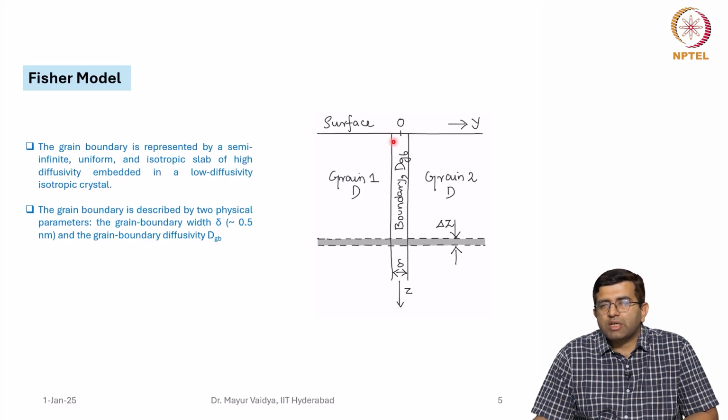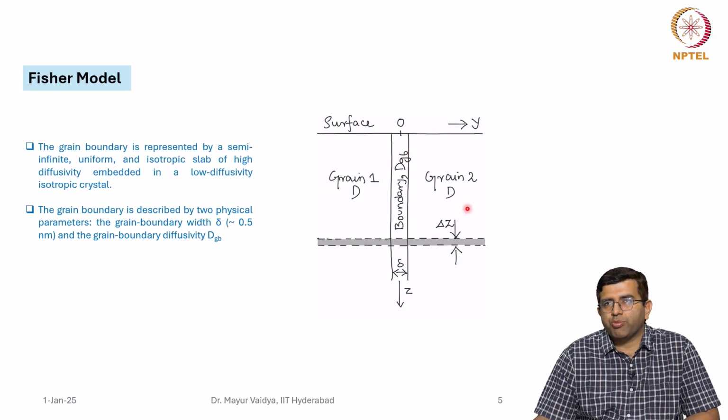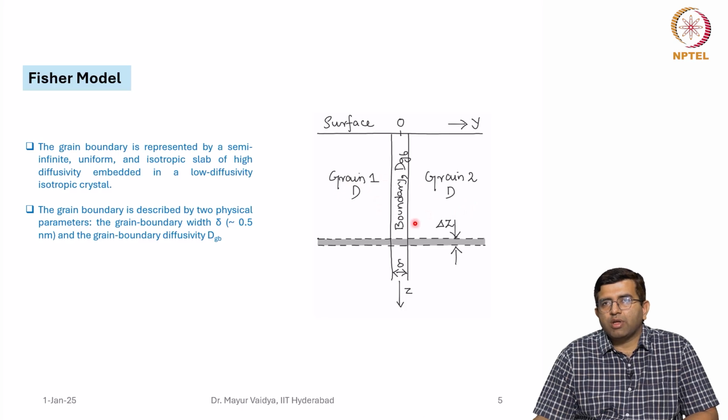This means you are considering this grain boundary slab here, and it is semi-infinite. It is not curved, it is uniform. The structure does not change along this slab, and it is isotropic, embedded in a low diffusivity isotropic crystal. On both sides you have grain 1 and grain 2.